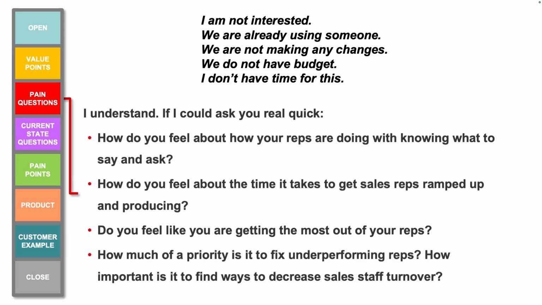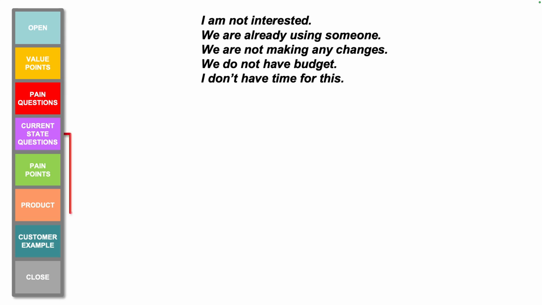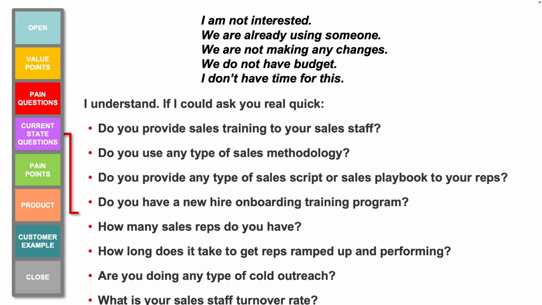You could deflect all of those objections to your pain questions by saying something like, oh, yeah, no problem. I understand. But before I let you go, if I could ask you real quick, do you feel like you're getting the most production and leads out of your reps, or you think there's room for improvement there? You can respond to all of these objections and a lot of others also with your current state question.